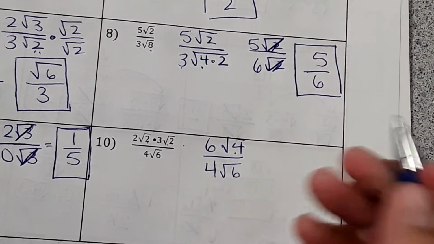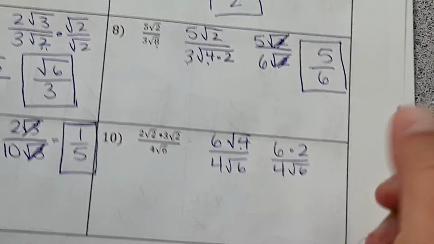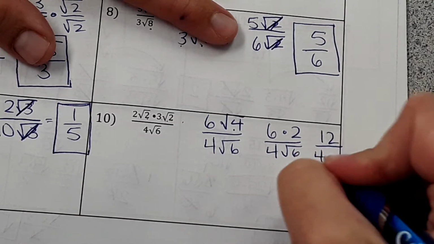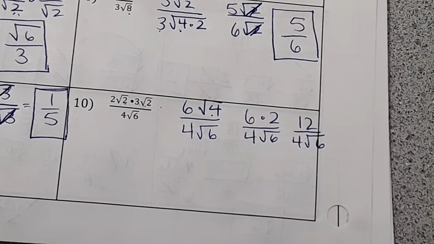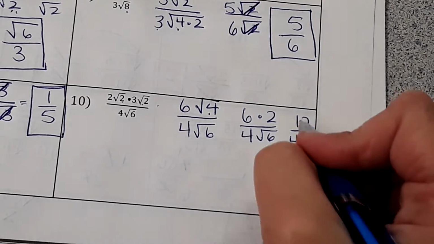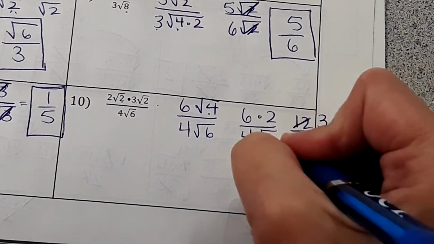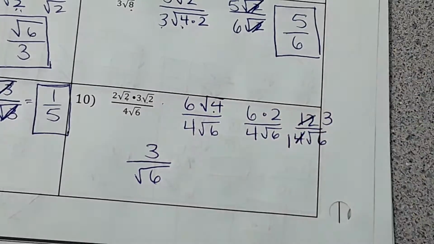Okay, so square root of 4 is just 2, so 6 times 2 over 4 square root of 6. So we get 12 over 4 square root of 6. I might simplify this, divide this by 4 to get 3, divide this by 4 to get 1. So now I have 3 over square root of 6.